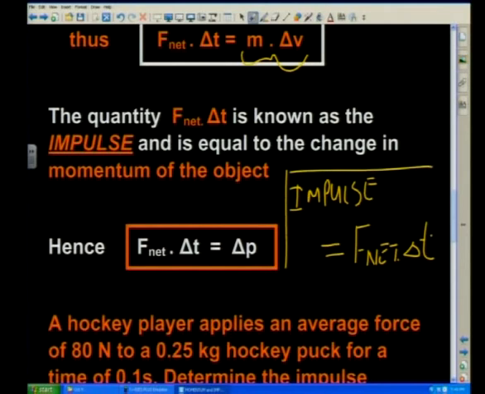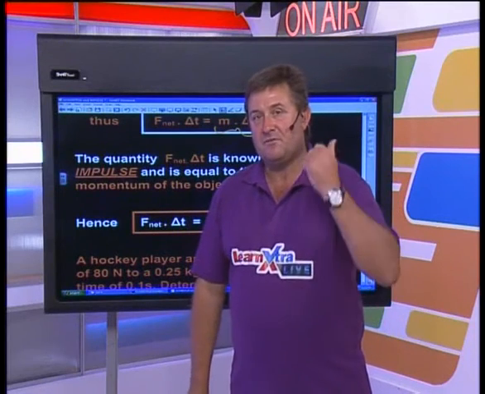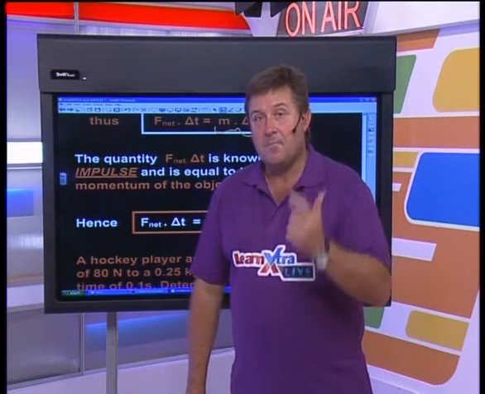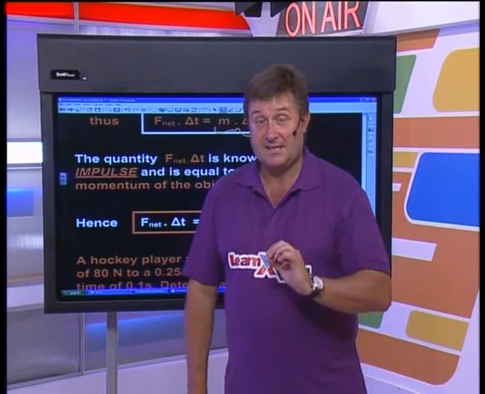And there is a very important link-up that we've got. The impulse is equal to the magnitude of the resultant or net force multiplied by the time it takes.